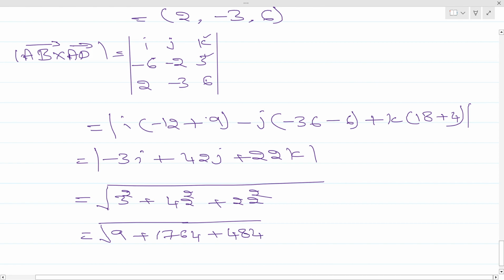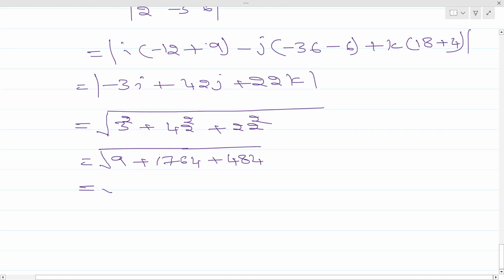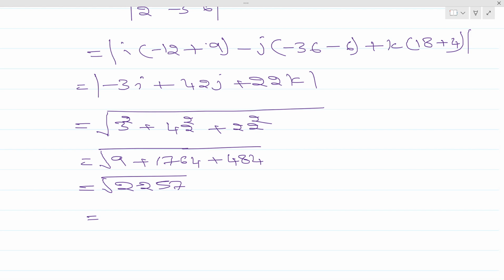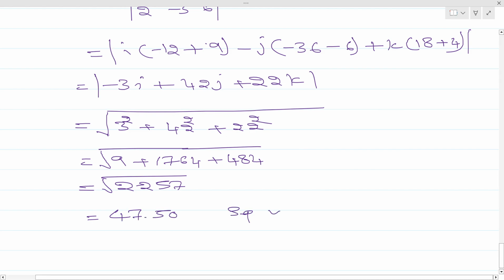And the sum of these three is 2257, and the root of that value is 47.50 square units.